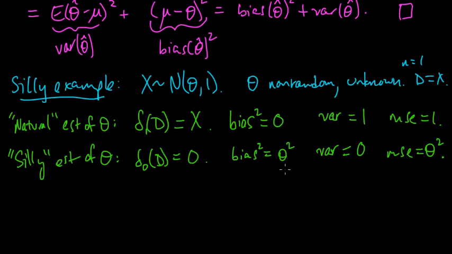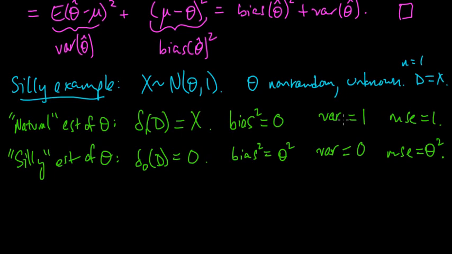It depends on what theta ends up being, but the bias squared could be quite large. This is probably obvious enough why this would not do well, but it just illustrates this decomposition in a very easy to understand case.